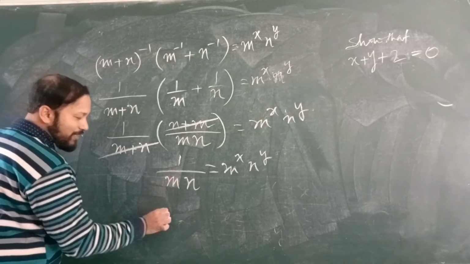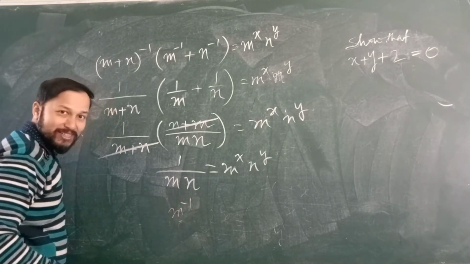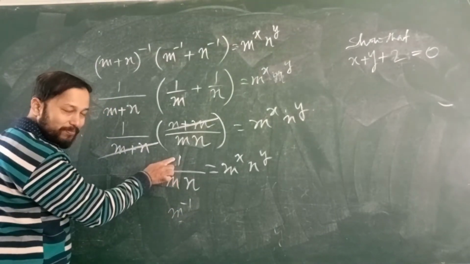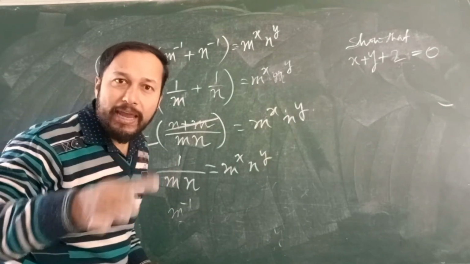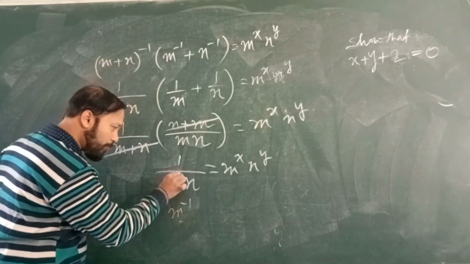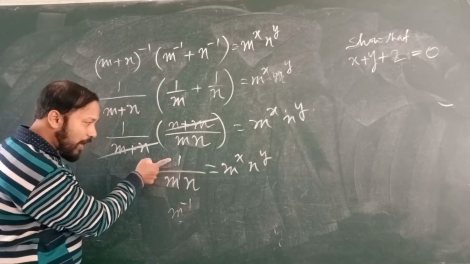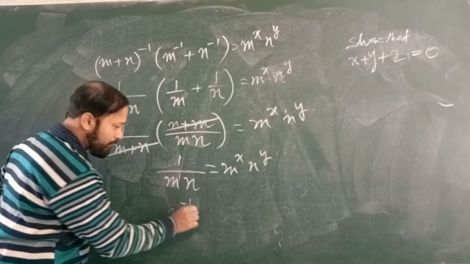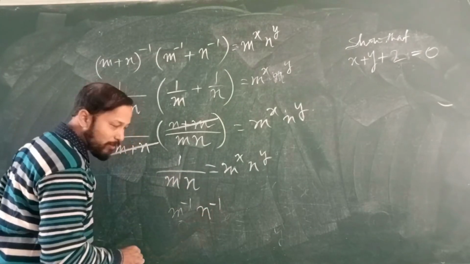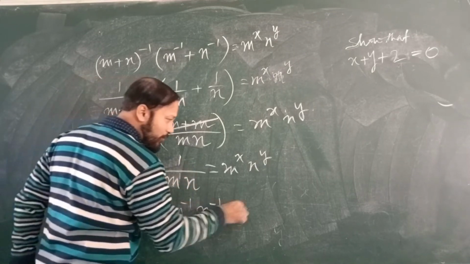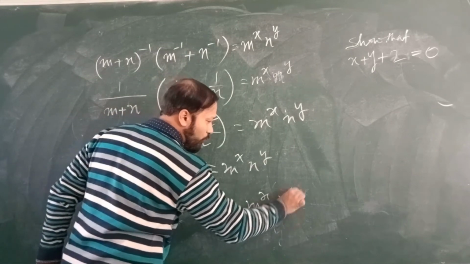So 1 by m means m to the power minus 1. m is m to the power 1. If I am taking this up, it will be m to the minus 1. Here also m to the power minus 1. So m to the minus 1 equal to m to the power x, m to the power y.